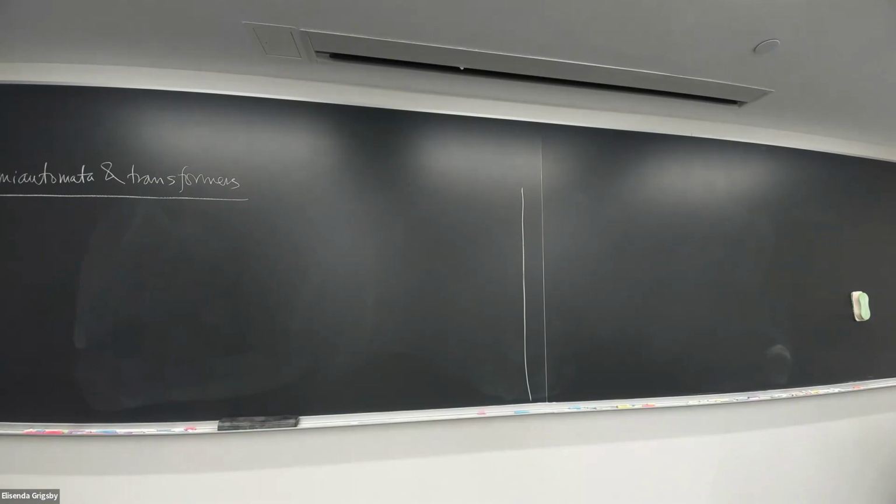So a semi-automaton is the following. It's a triple Q, sigma, delta, where Q is a finite set of states.